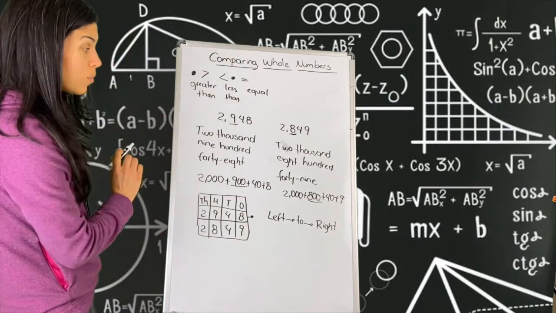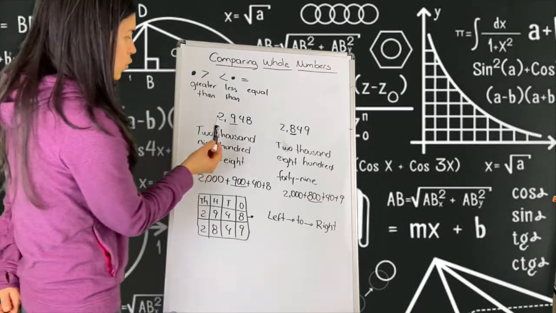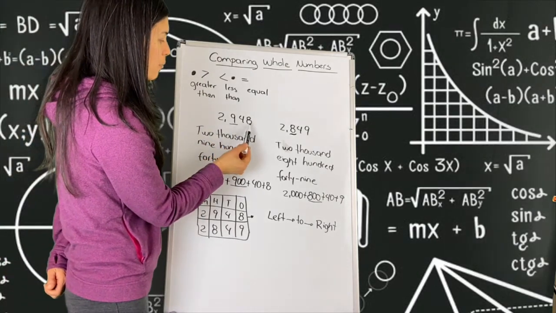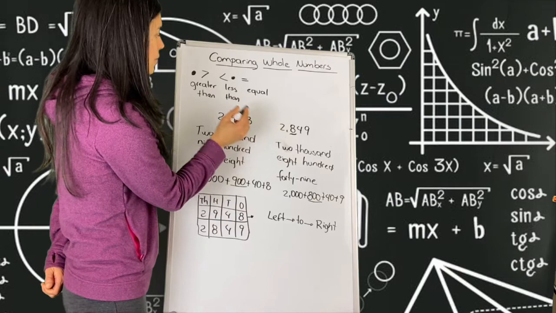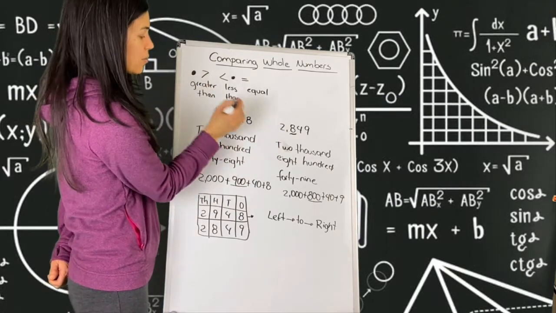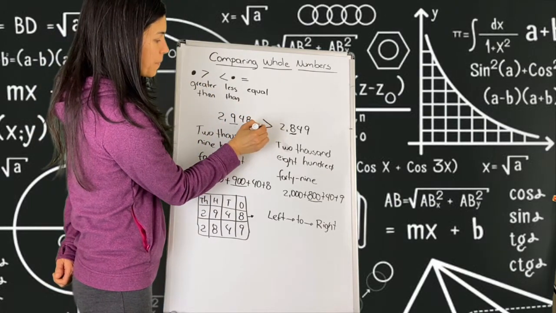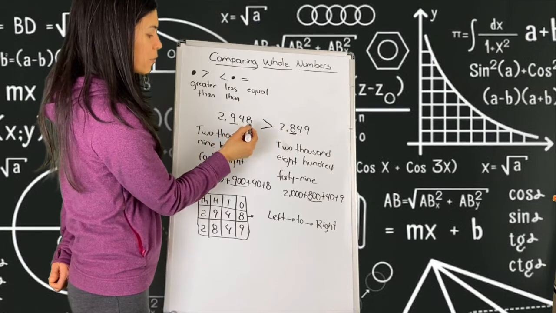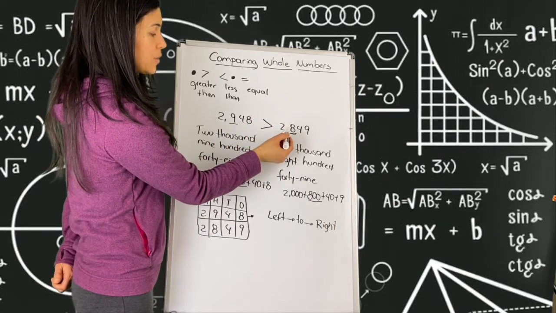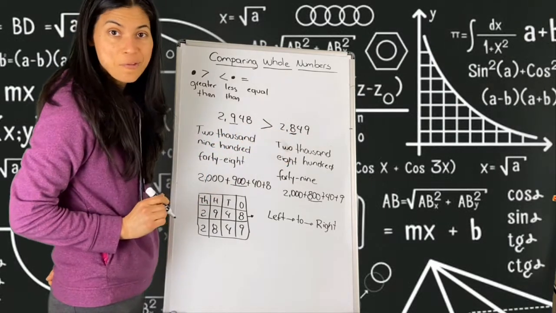And so we can say that 2,948 is greater. The opening goes towards the greater, right? So opening, 2,948 is greater than 2,849.